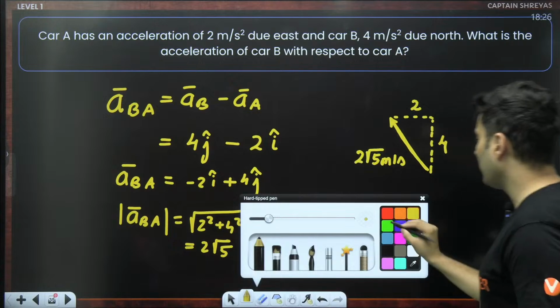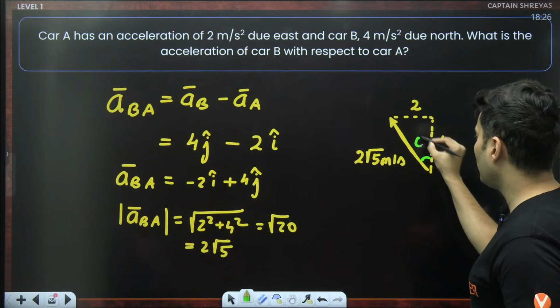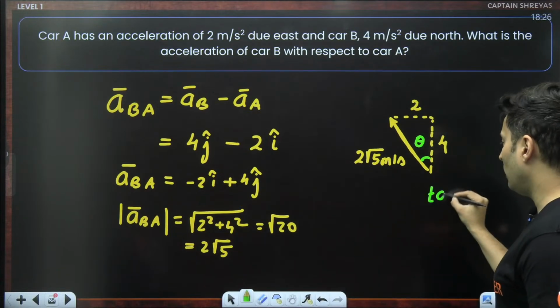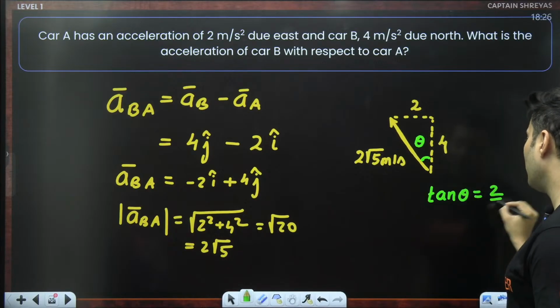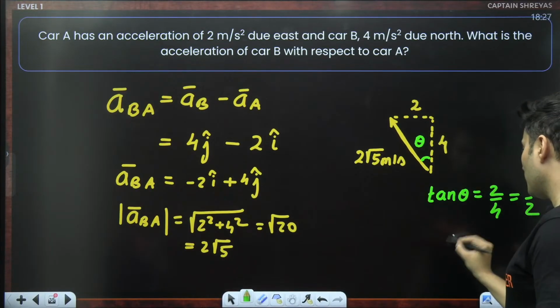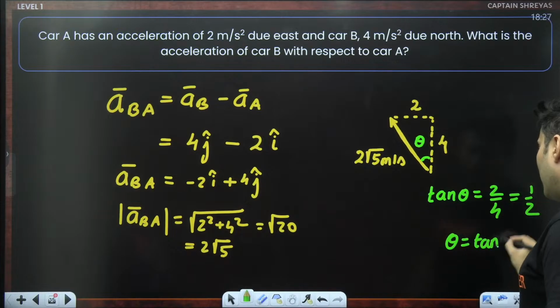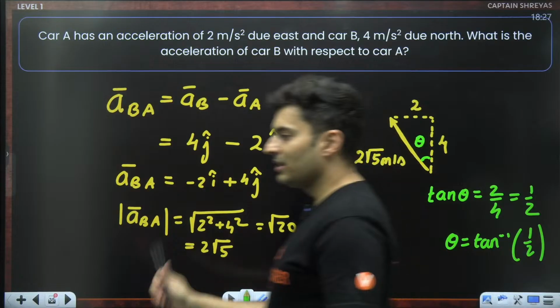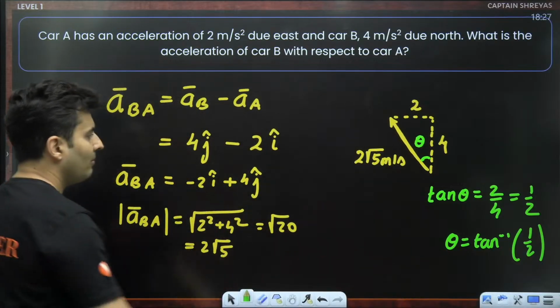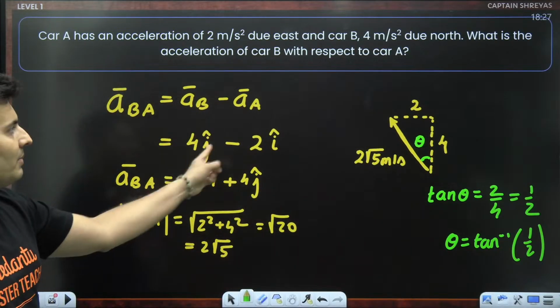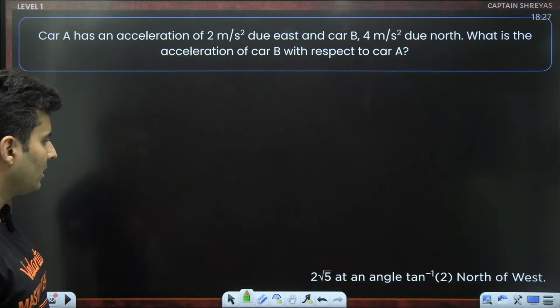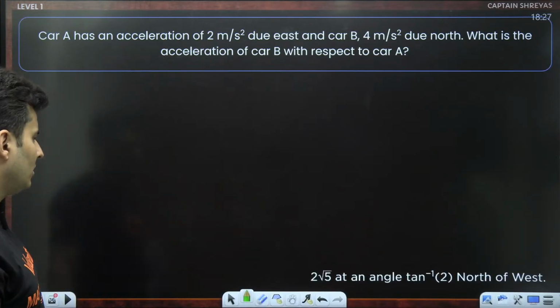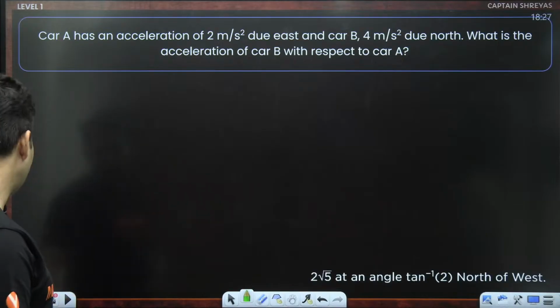If you mark the angle over here, theta, then tan theta will be opposite by adjacent, which is half. So that angle will be tan inverse of half. So this is the acceleration magnitude, and that is the angle which it makes with the north direction. I think that is correct. North of west or west of north, it depends.